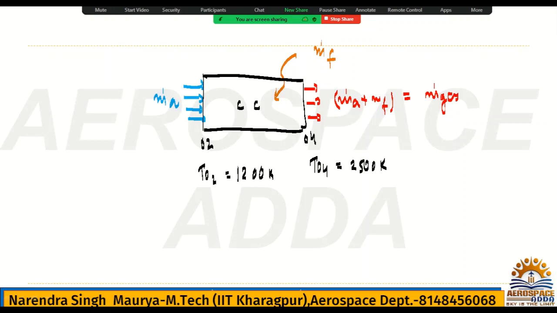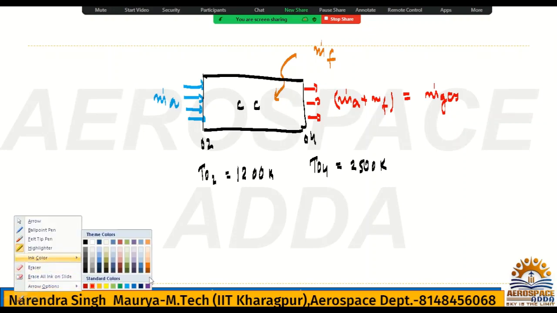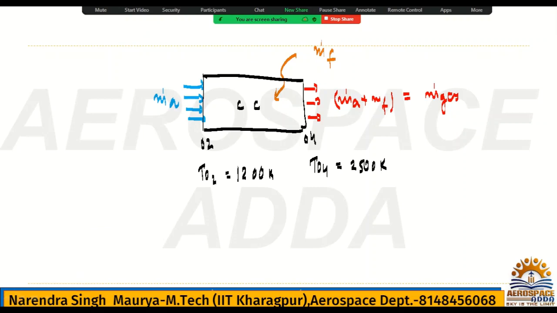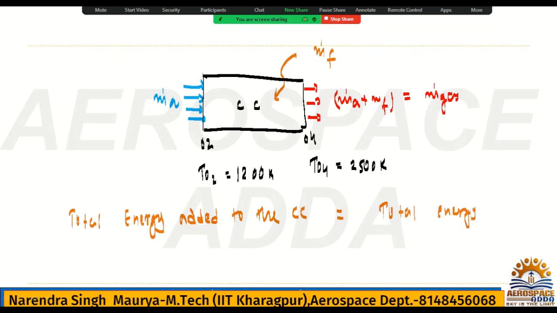So if you write the energy balance, total inlet is equal to outlet. What is the total energy added to the combustion chamber? Total energy added to the combustion chamber is equal to total energy at the exit.